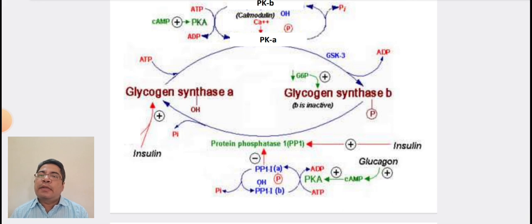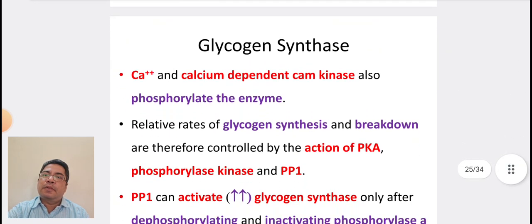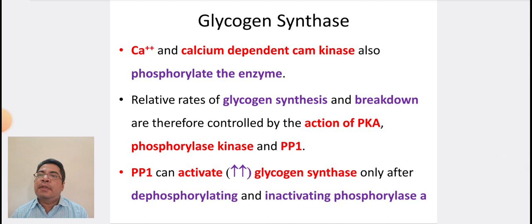On the other hand, glycogen synthase B is converted into glycogen synthase A with the help of the enzyme protein phosphatase 1. Calcium and calcium dependent CAM kinase also phosphorylate the enzyme.